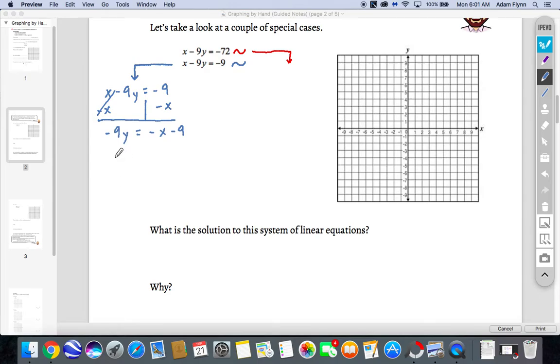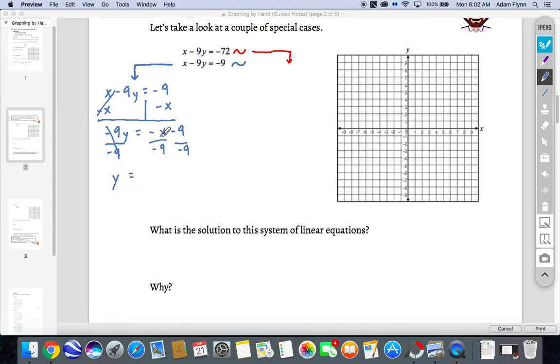Okay, we're almost there. So on the left side, I've got negative 9y. This is the same thing as negative 9 times y because they're touching. There's no symbol in between. So opposite of multiplication is going to be division. So I will divide all terms by negative 9. When I do that, these negative 9s are going to cancel, so I have my y isolated, equals.